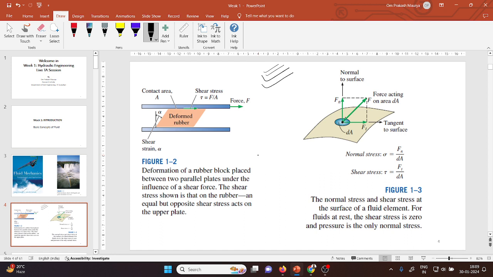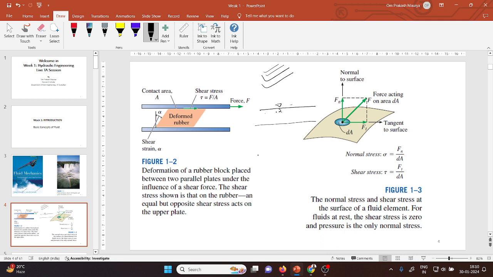So now here, if the force you apply is at an angle theta with the horizontal, let's suppose here is the fluid. Just for your general understanding, I am going to draw.